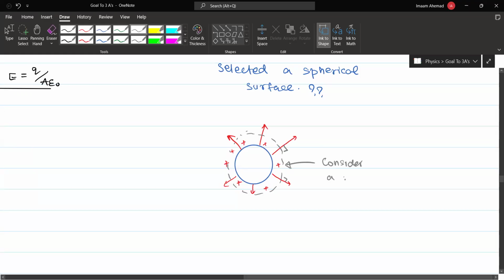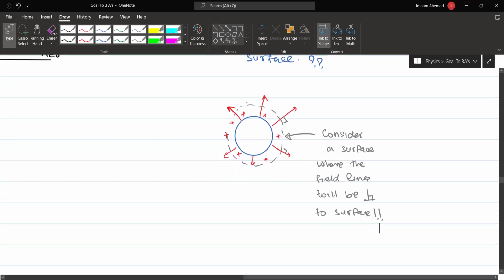Consider a surface where the field lines will be perpendicular to the surface. Is that idea clear? How about the others?